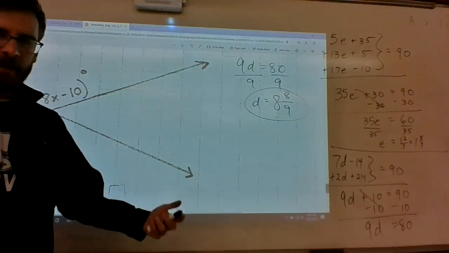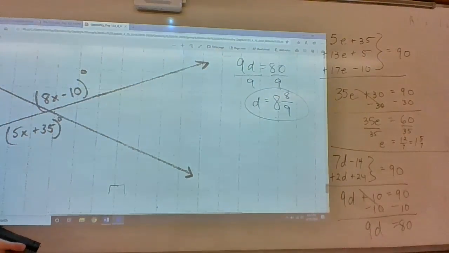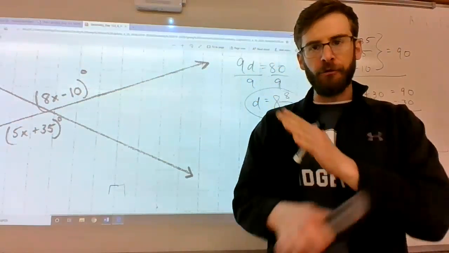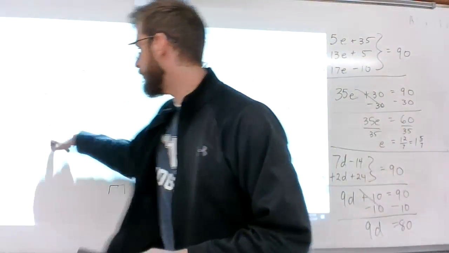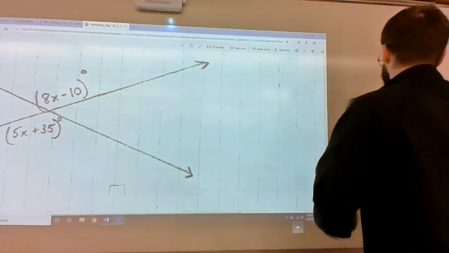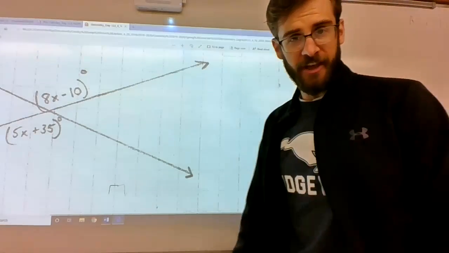Okay, the last one I'm going to show you guys is something that looks like this. We've got two lines that are intersecting, creating 4 different angles. 1, 2, 3, 4. Here's the thing.